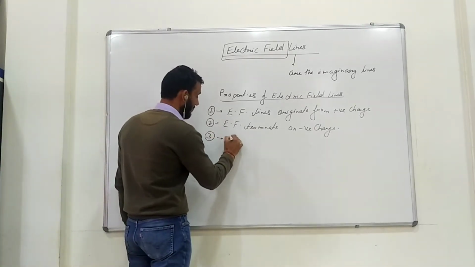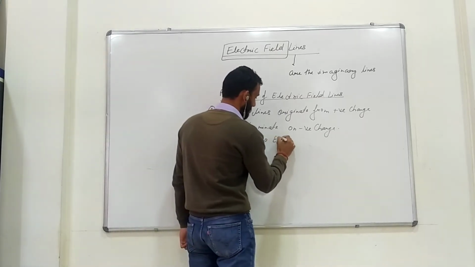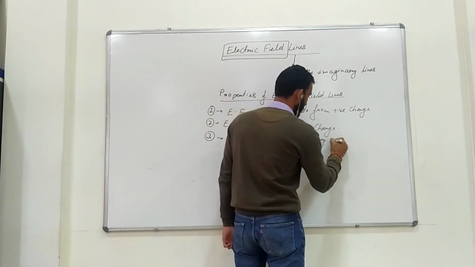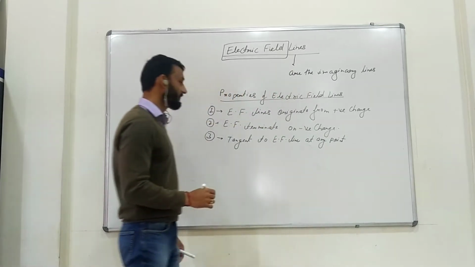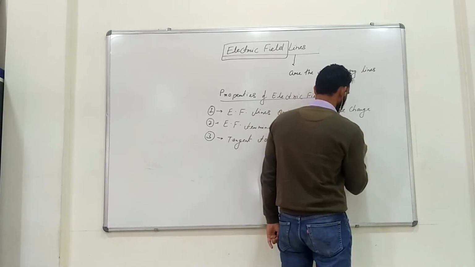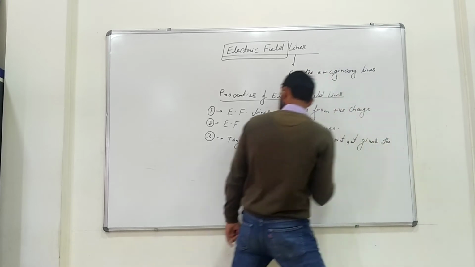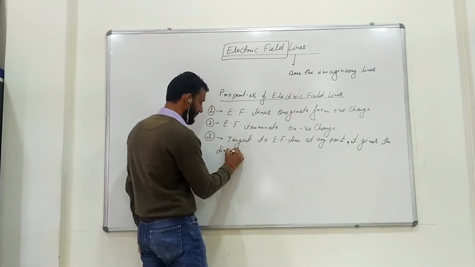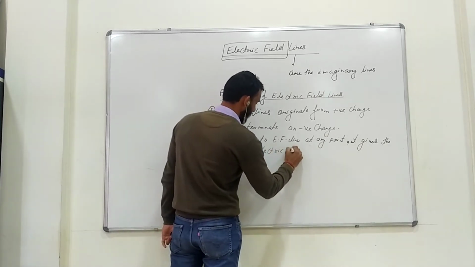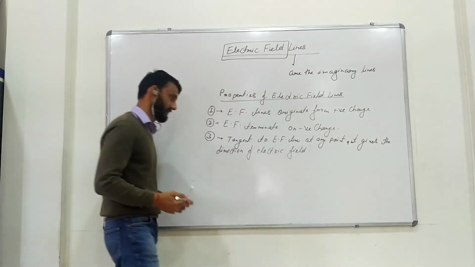Number 3: the tangent to an electric field line at any point gives the direction of the electric field.